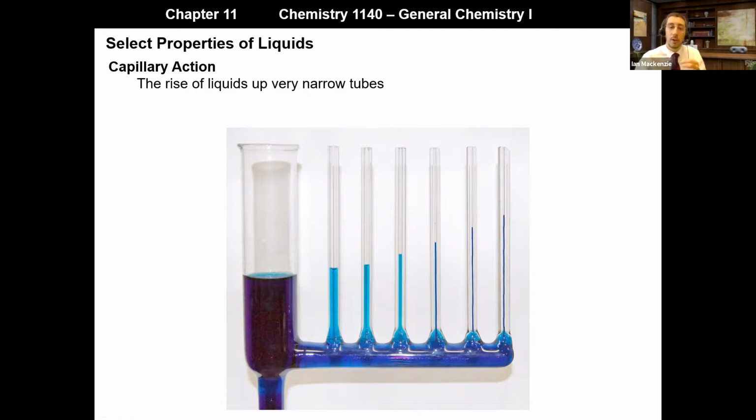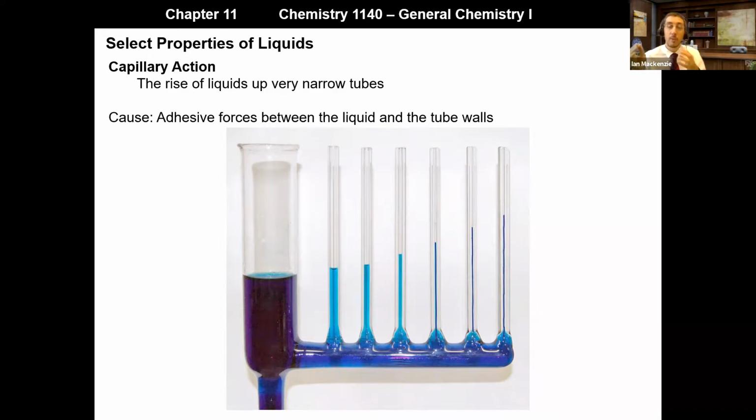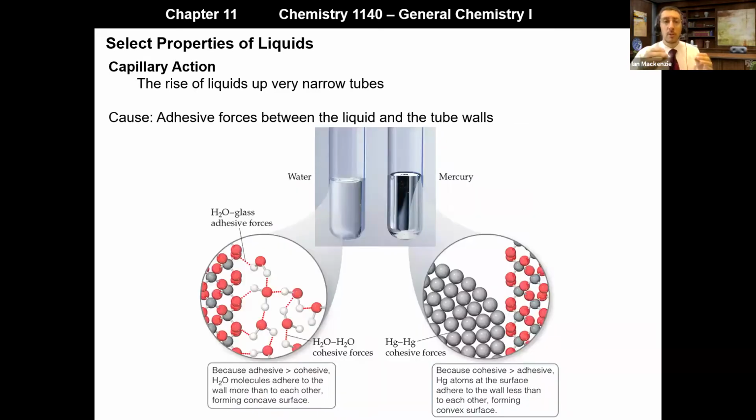So what is going on in that case? Well, the cause of this rise is adhesive forces, intermolecular forces between the liquid and the tube walls. So why would that occur? Well, if we just look at a test tube, the walls are made of glass, which is generally a silicate, silicon and oxygen bonds.